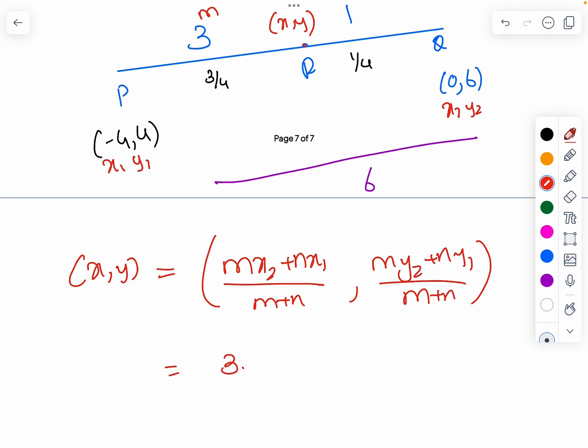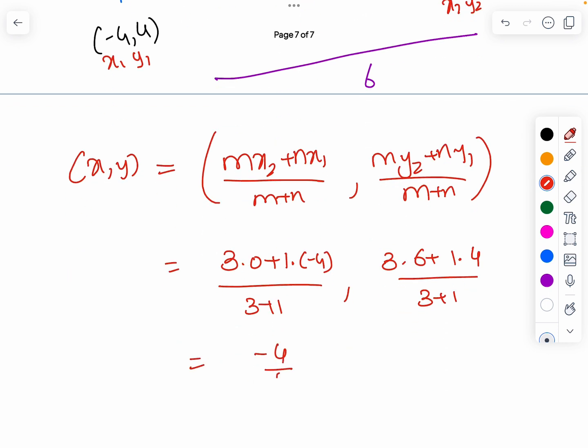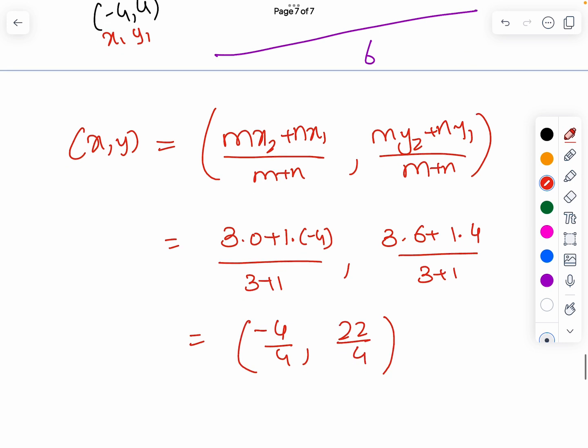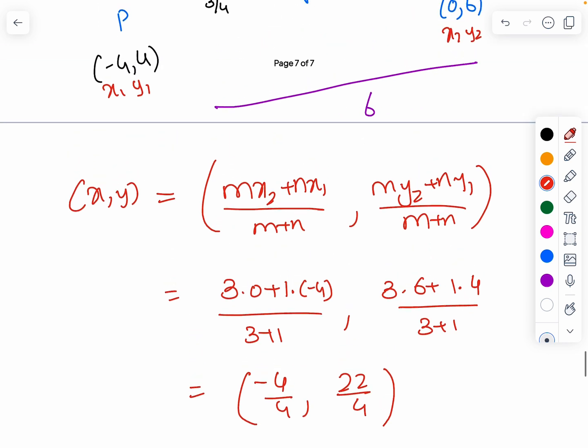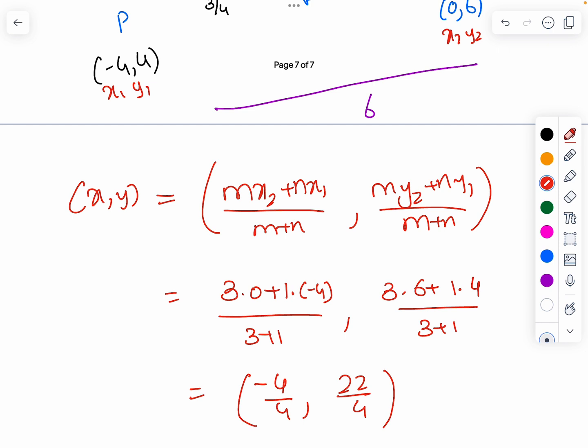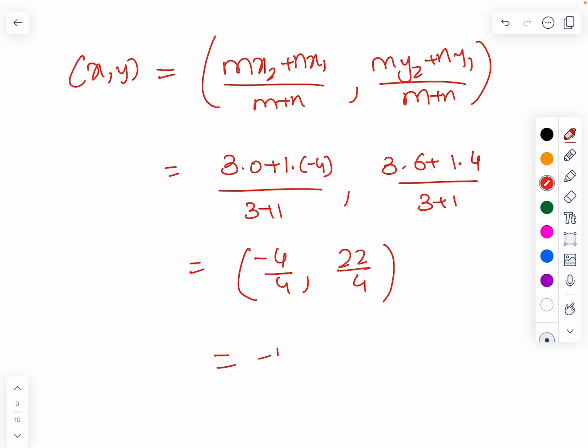The m value is 3, x2 value is 0, n value is 1, x1 value is negative 4, upon 3 plus 1. Similarly, m value is 3, y2 value is 6, n value is 1, y1 value is negative 4, divided by m plus n. For x, negative 4 upon 4 is negative 1.